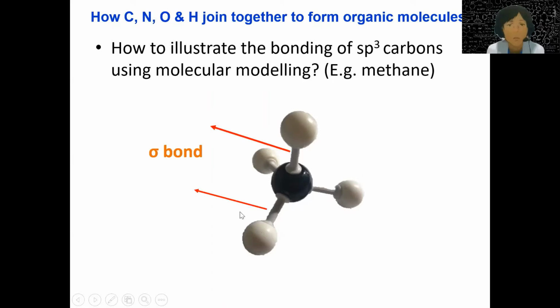These single bonds are what we call sigma bonds. These sigma bonds are your head-on overlap of the orbitals. So for methane, if you do not know what methane is, it's 1 carbon and 4 hydrogen, CH4, and it contains 4 sigma bonds and 0 pi bonds.